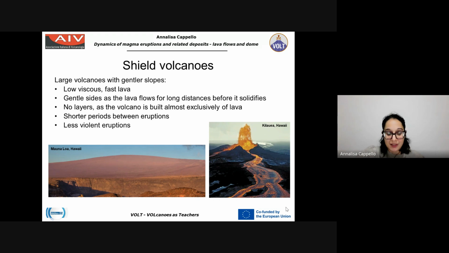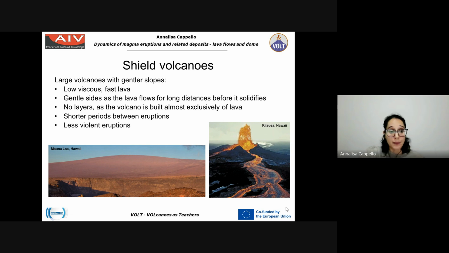They don't have this conical form like composite volcanoes. Instead, they are broad volcanoes with these gentle slopes, and they are called shield volcanoes because they seem like a warrior's shield resting on Earth. And they have a convex shape because they are flatter near the top. They are produced by less violent eruptions.